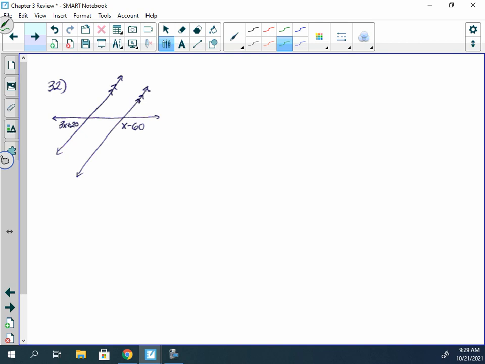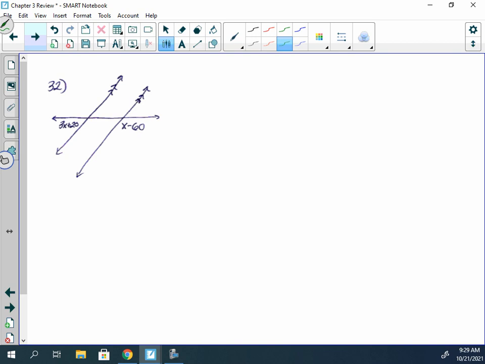32. Are the 2 angles that they gave us corresponding angles? No, because they're both outside the parallel lines, yes? So they're not corresponding. So that means they could be alternate exterior since they're outside. Are they on alternate sides of the transversal?